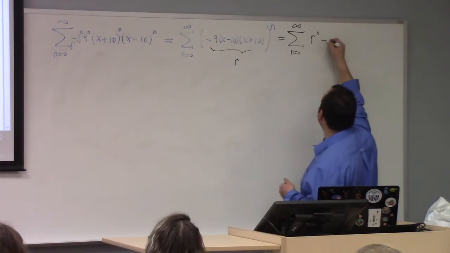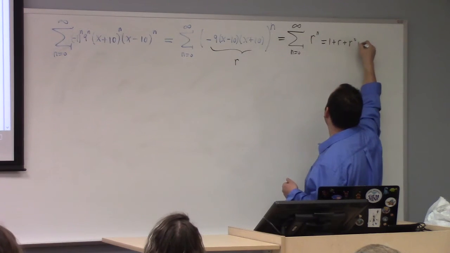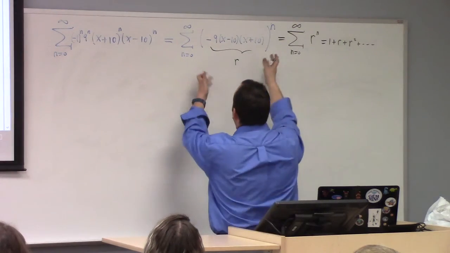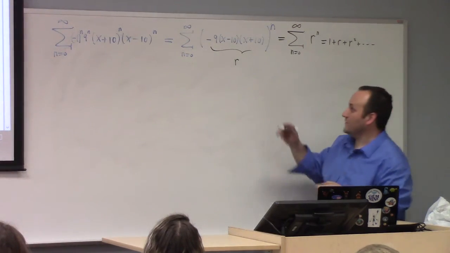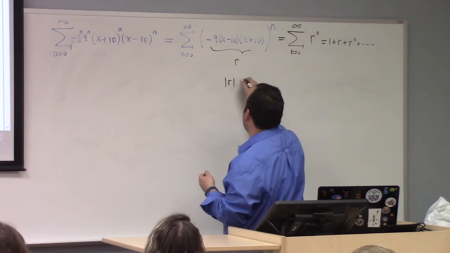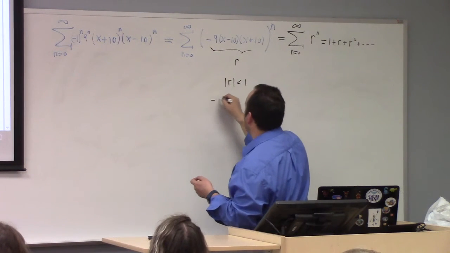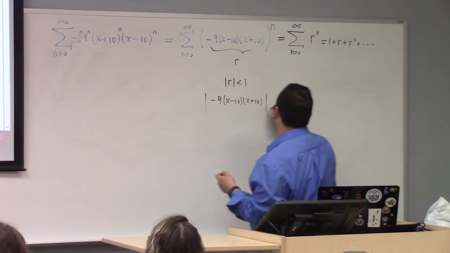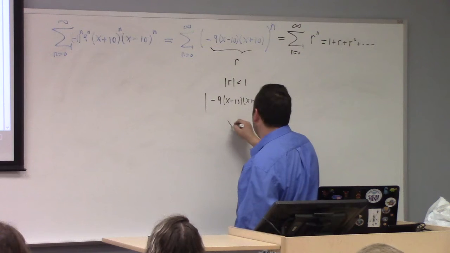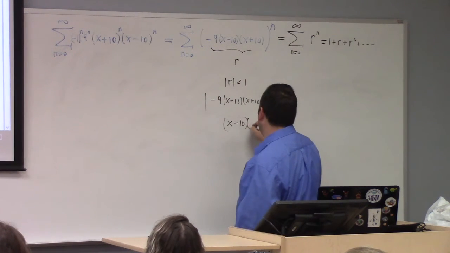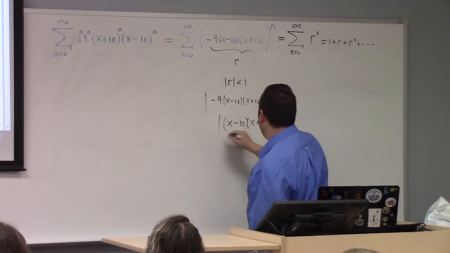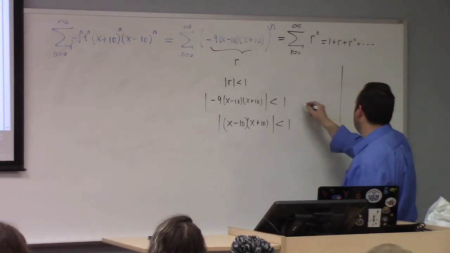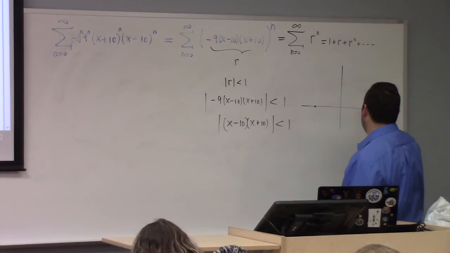If I wrote 1 plus r squared, would that help? I mean, this is geometric, so it would converge for the absolute value of r less than 1, which is to say the absolute value of x minus 10 times x plus 10 less than 1. I personally like to solve this sort of inequality graphically. You've got 10 and minus 10 as zeros of a polynomial.